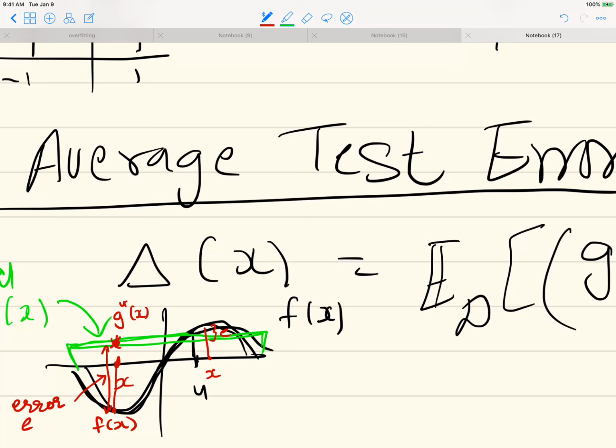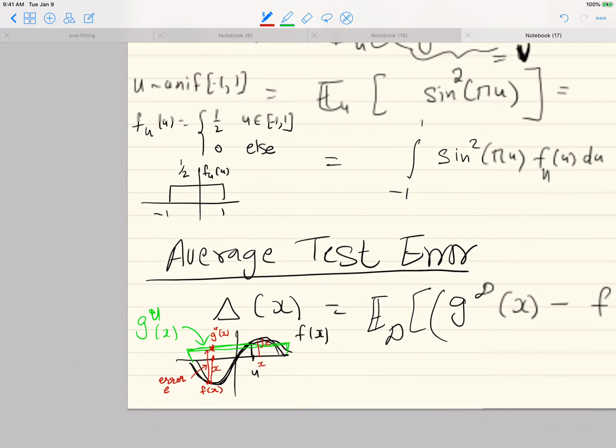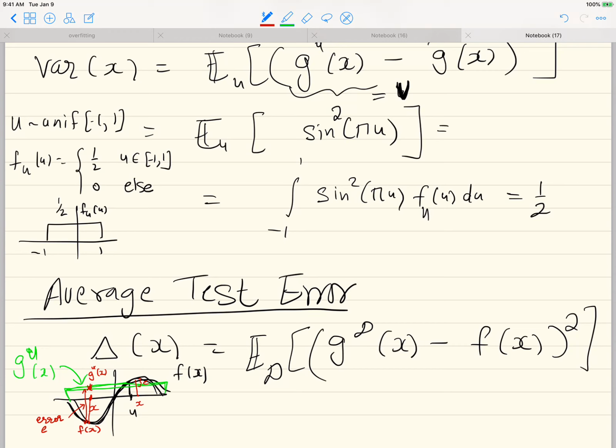So this was training. Training is done. Training gives me this line, right? Now for test, I get a query point, so I get this x, and then I compute the difference. So x you can think of as a point you get during the test phase, and this is the output you get from the training, this is the ground truth. But then we are doing one more thing.